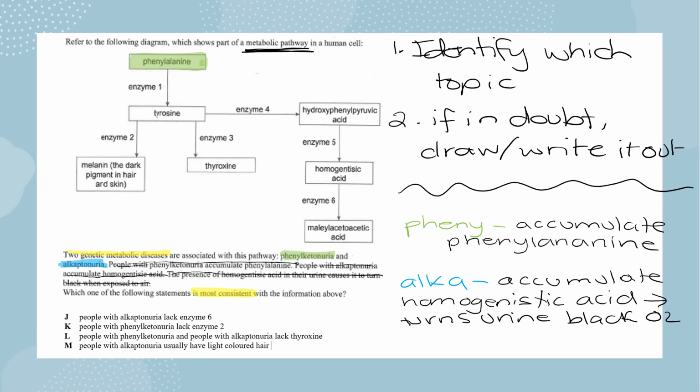If I'm going to end up with a lot of this in the blood or in my system, it means that past this point, not much is going to happen. So we're probably not going to even get down to tyrosine. So I'm going to assume that enzyme 1 isn't breaking this down. So I'm going to summarize that. Down here I'm going to say enzyme 1, no, not working.